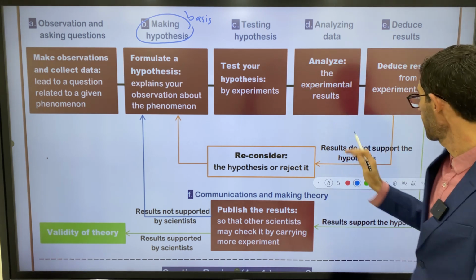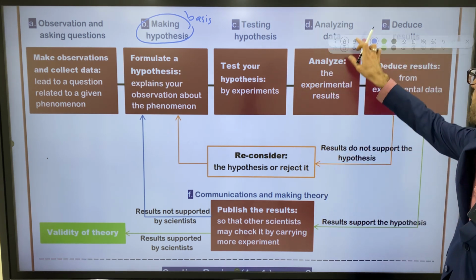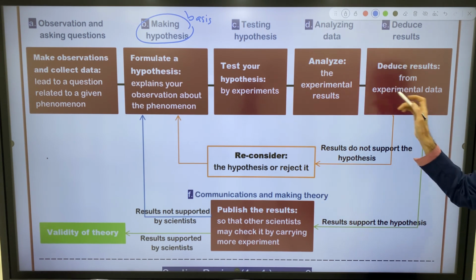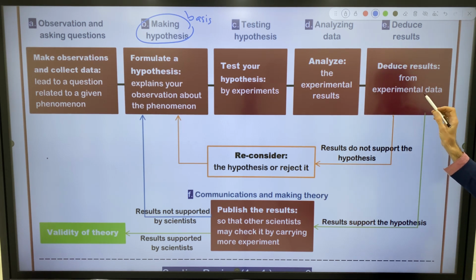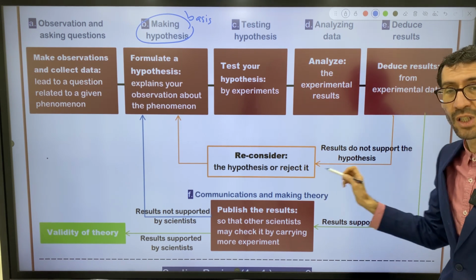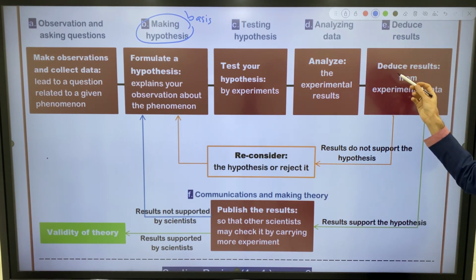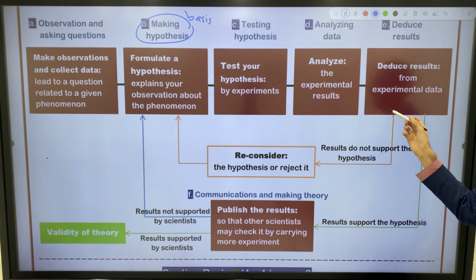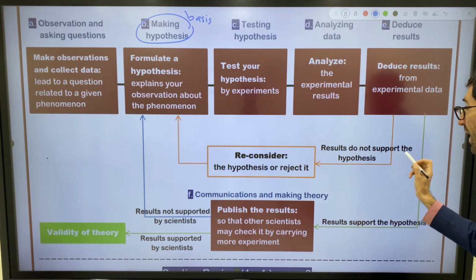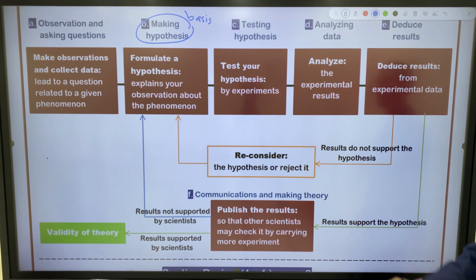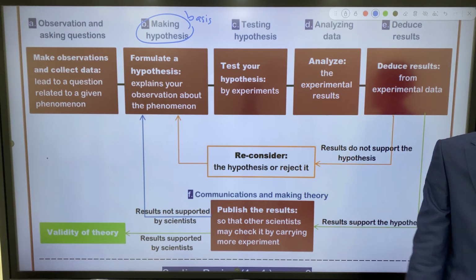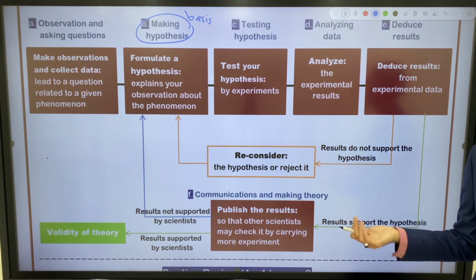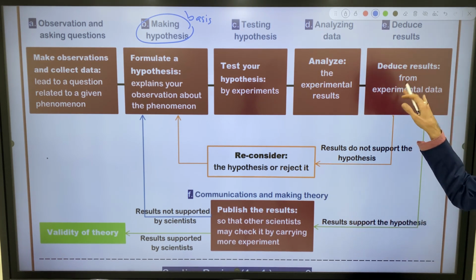Here, look at this very nice part. Look at the orange arrow, right? If the experimental data do not support the hypothesis, within the laboratory the results don't coincide with the hypothesis.